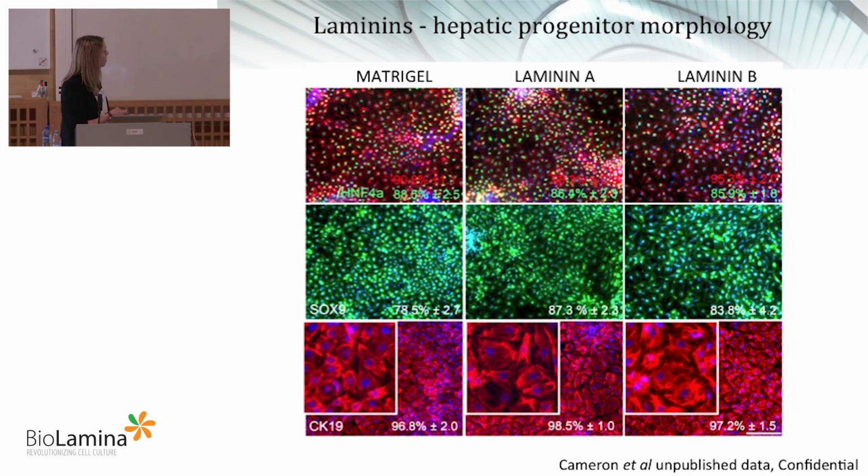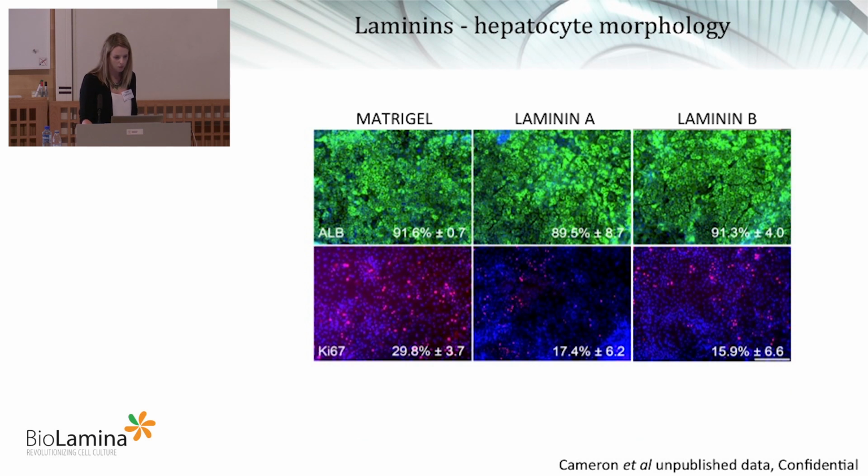You can see how here the cells in laminins were much larger, and some of them were starting to become binucleate compared to Matrigel. We then also saw that as we moved later on, that the cells were producing similar levels of albumin at the protein level, and what we thought was quite interesting was that the cells were proliferating far less on the laminins compared to the Matrigel. So they're maybe being told to slow down, differentiate, don't proliferate.